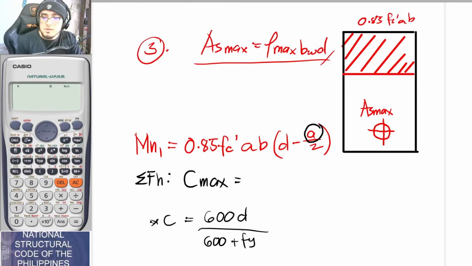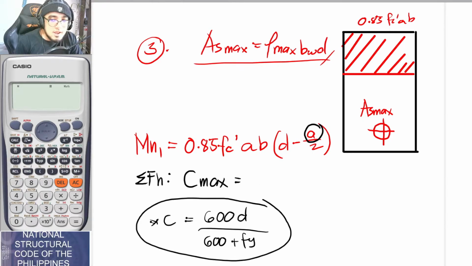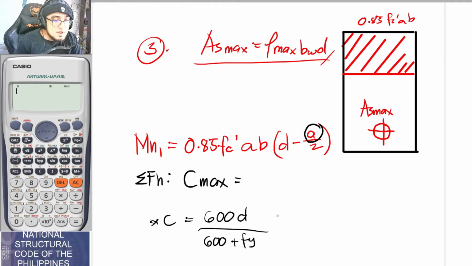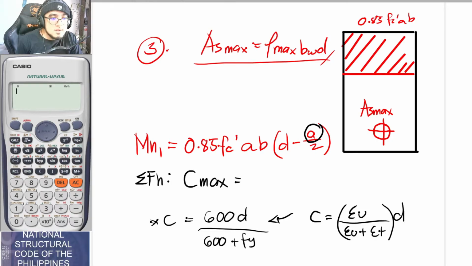So am I correct? Assuming that this is correct, which I think it is, this was actually derived from c equal to strain u divided by strain u plus strain t times d. So it actually came from this equation.